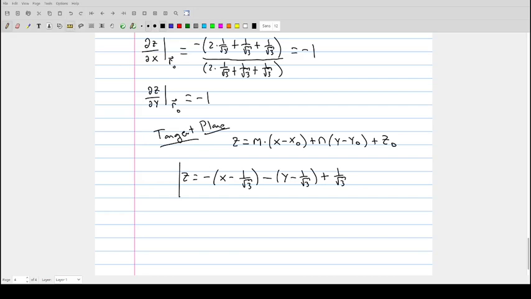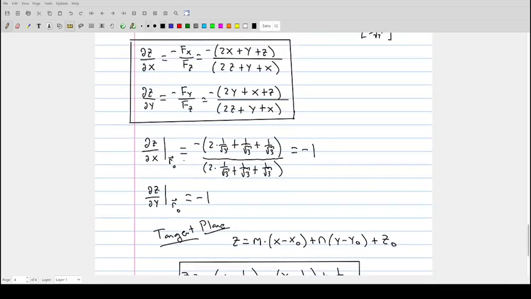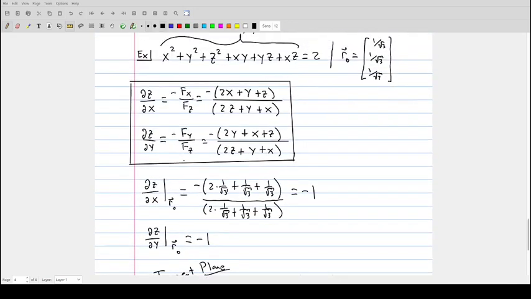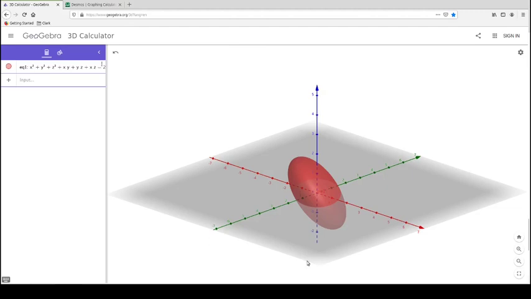So this expression right here should give us the valid tangent plane on this level surface using the information about the partial derivatives that we obtained using implicit differentiation. So let's open up the GeoGebra window and verify this.